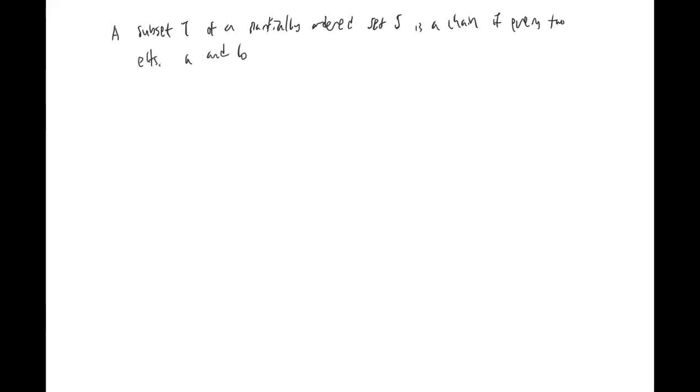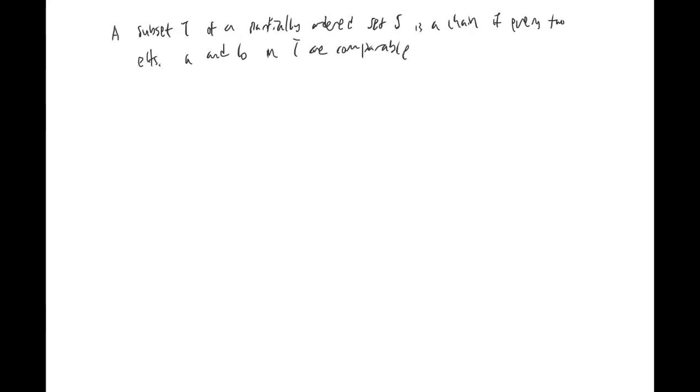So now, what does it mean to be a chain? The second thing: a subset T of a partially ordered set S is a chain if every two elements A and B in T are comparable.